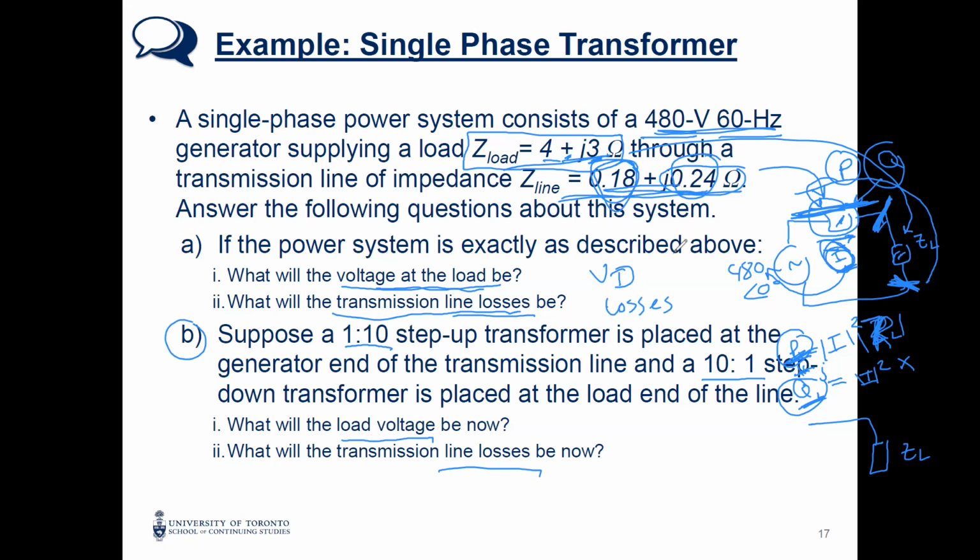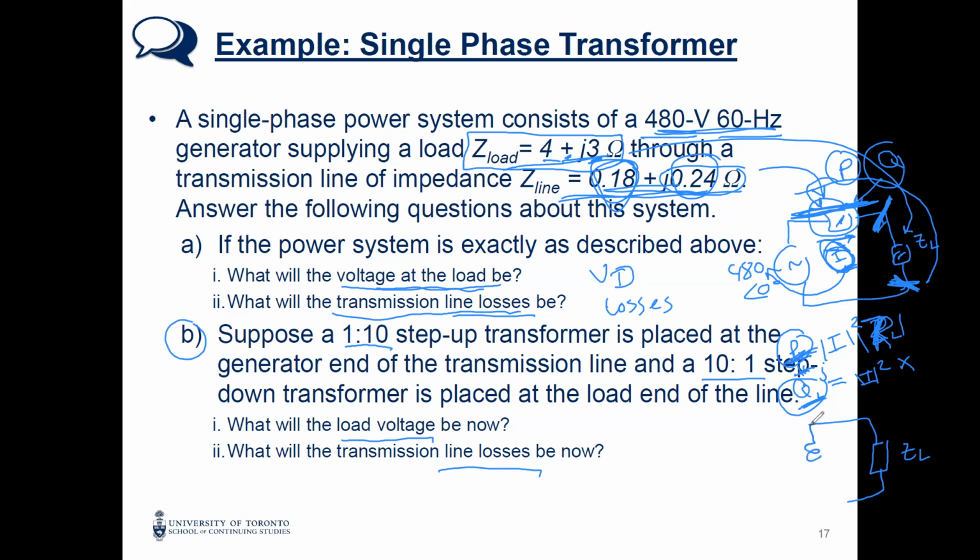So we can separate losses in the transmission line as active power and reactive power. Reactive power is not actually losses, but we can say that it's absorbed in the transmission. Okay. Hopefully I answered this question.